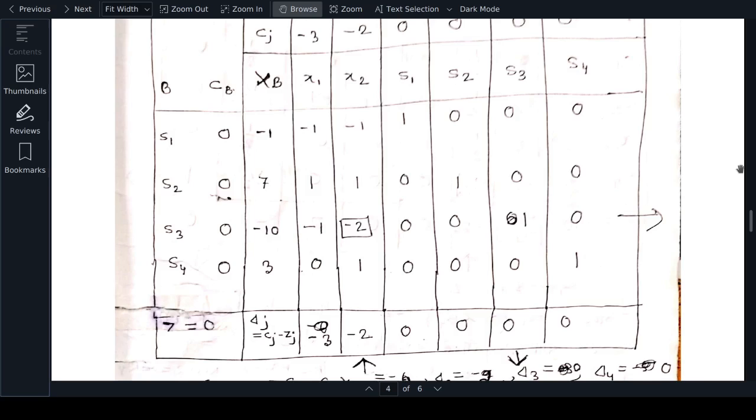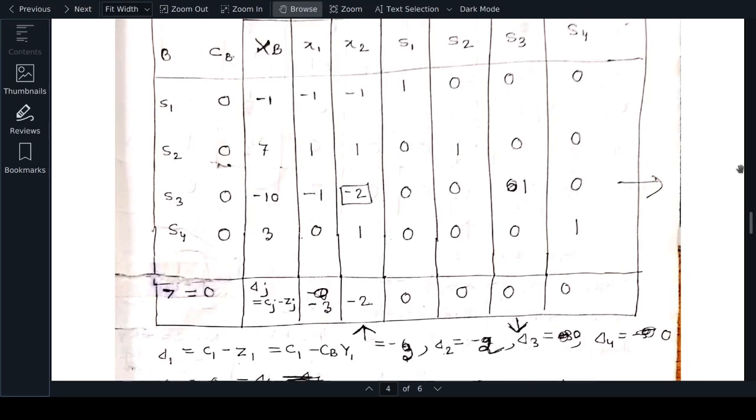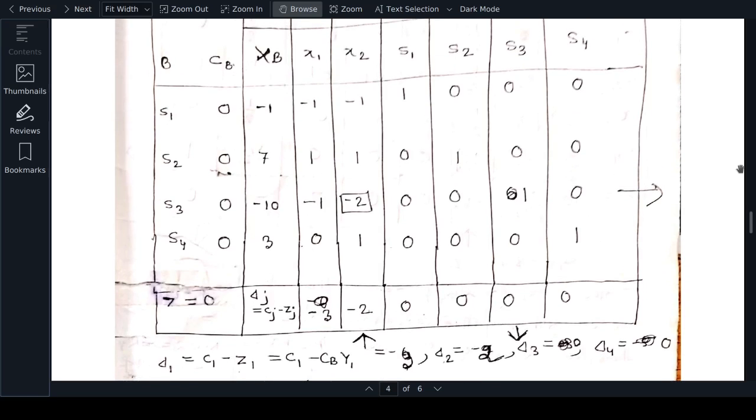But when we get the solution, all xb should be non-negative. Here -1 and -10 are present, negative values in the xb column. All bi should be positive. So here bi are negative, so this cannot give us the optimal solution.